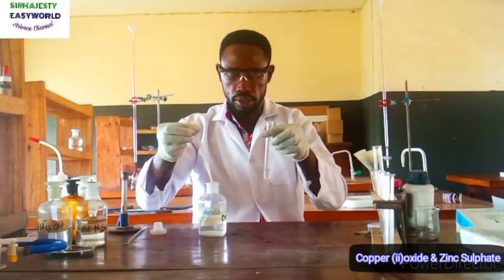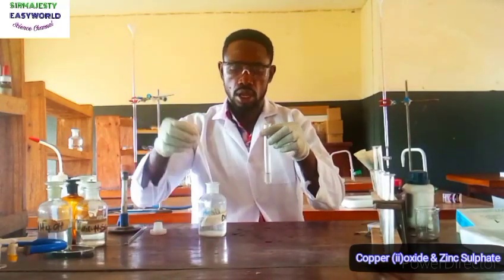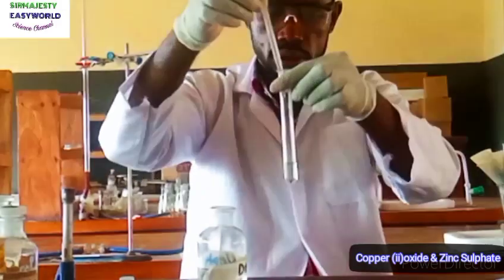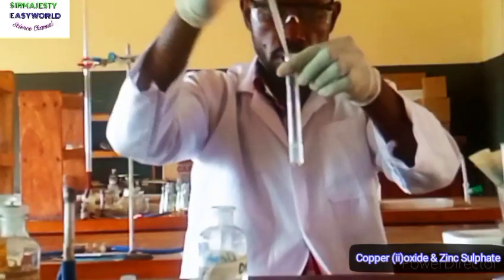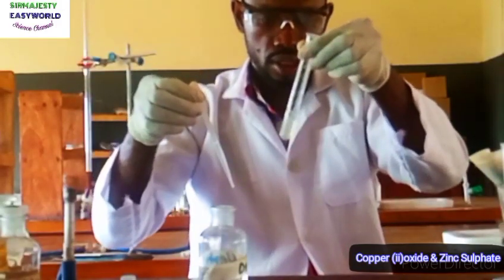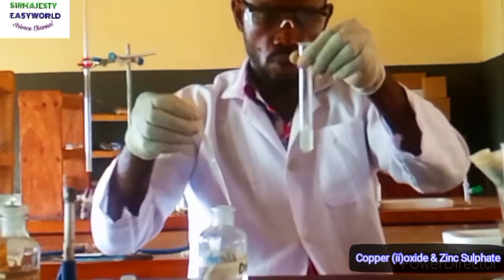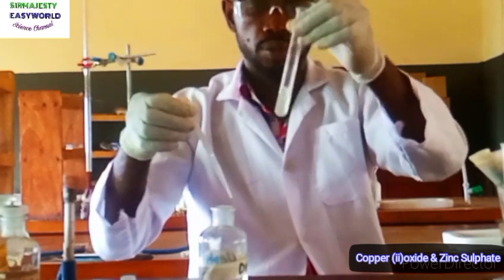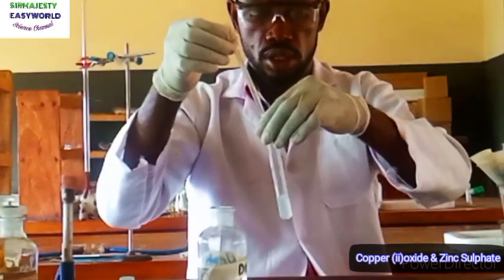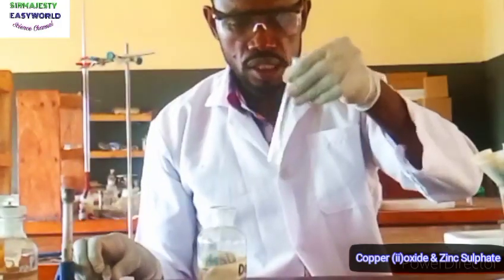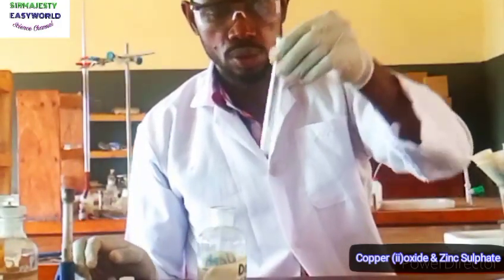So this is my dropper. I will use it to add the drops. Of course, in drops, I'm seeing white gelatinous precipitate. It is sticky to the walls of the test tube.